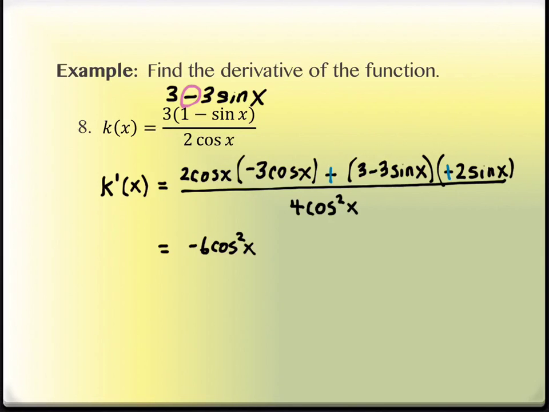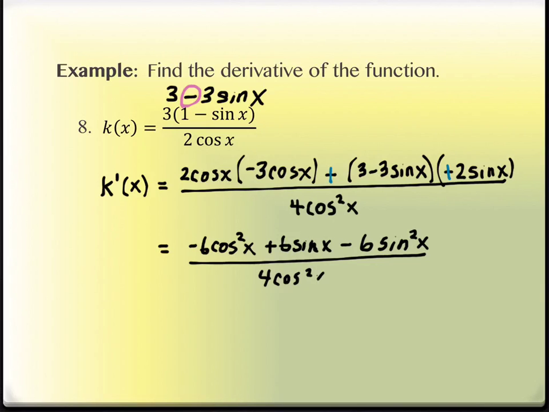So now I just have 3 distributed to the 2 sine x, so that is positive 6 sine x. And then I have negative 3 sine x times 2 sine x, so that's negative 6 sine squared of x. And all of this is over 4 cosine squared of x.